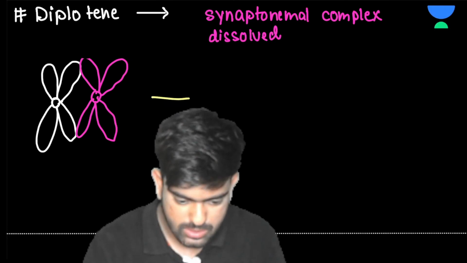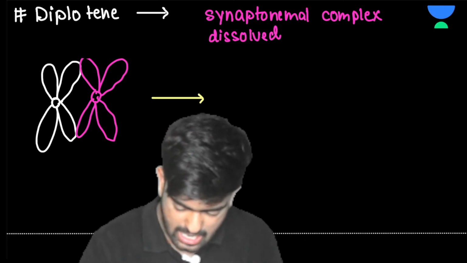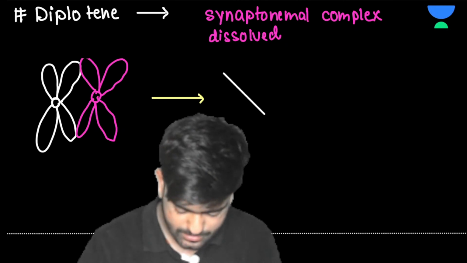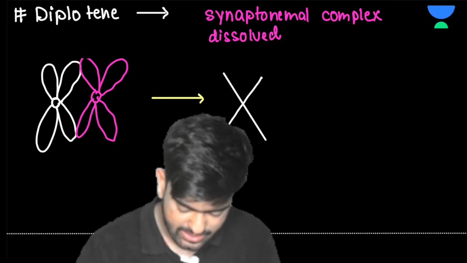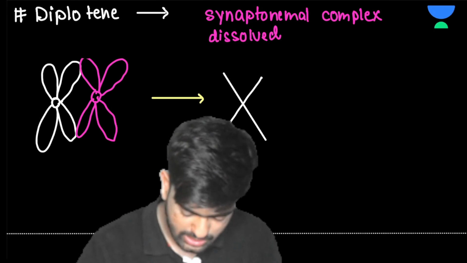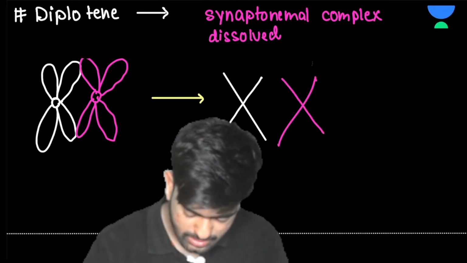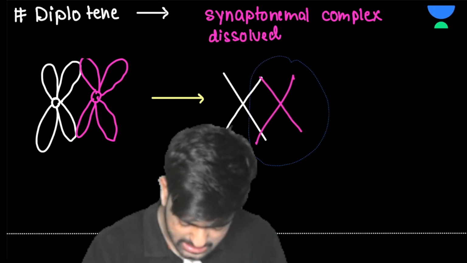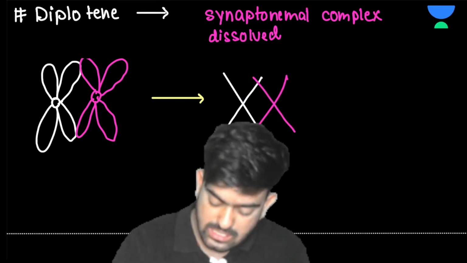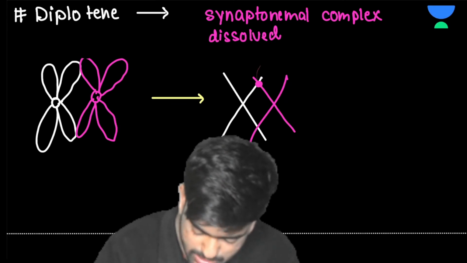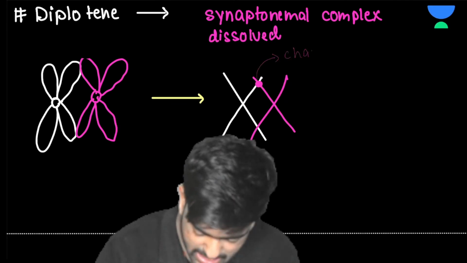Let's suppose this is like this, and this was Harry's chromosome. This was Harry's chromosome and this was Julie's chromosome. See, how will this be formed? They are going to make this kind of structure, and this is known as chiasmata. This point will be known as chiasmata.